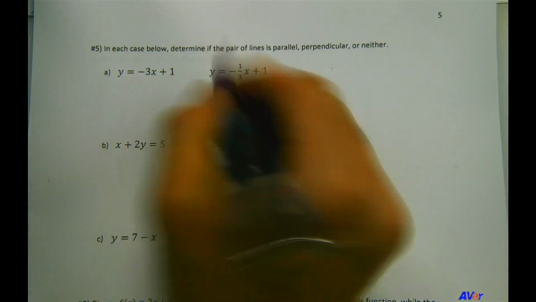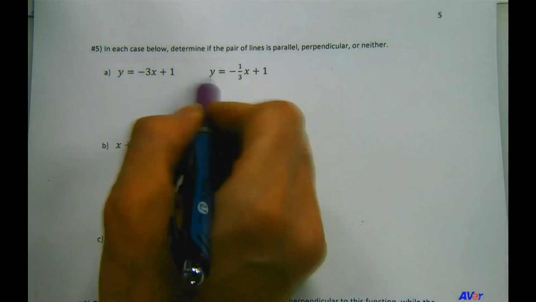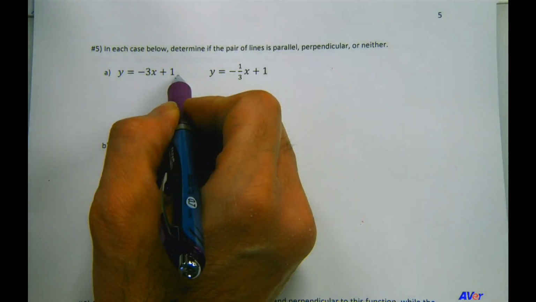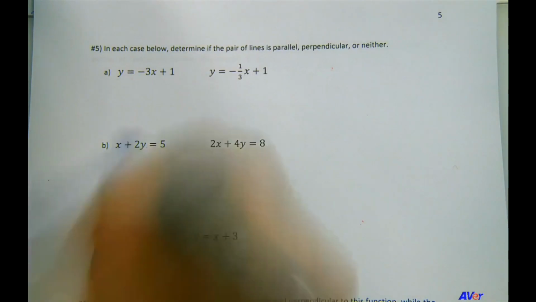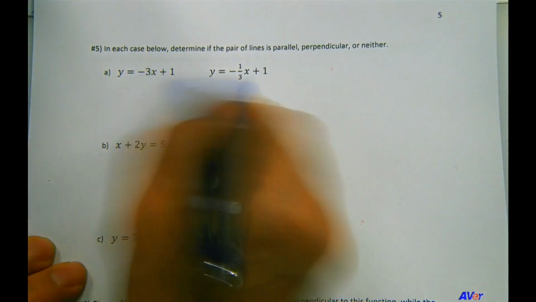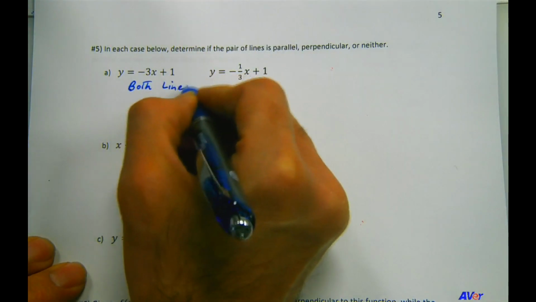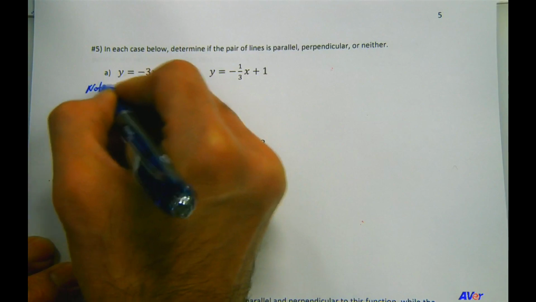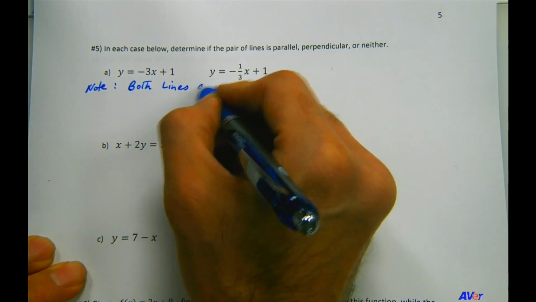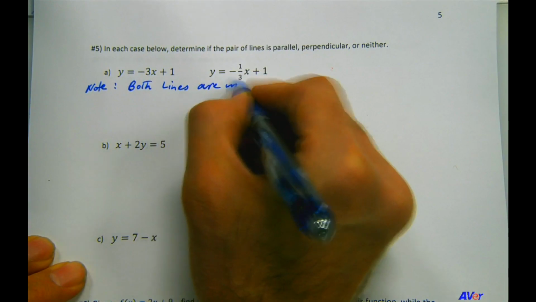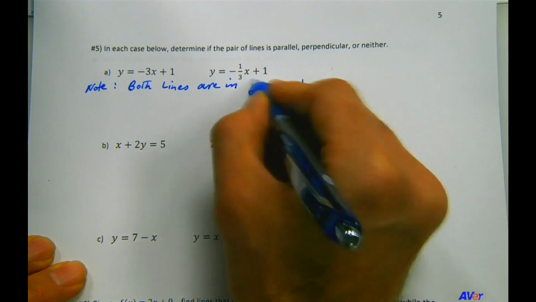Okay? All right, so both of these lines have been written in y equals mx plus b form. That's wonderful. So right away we know what the slopes are. So note, both lines are in y equals mx plus b form.